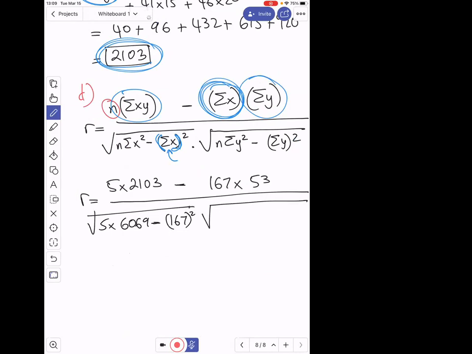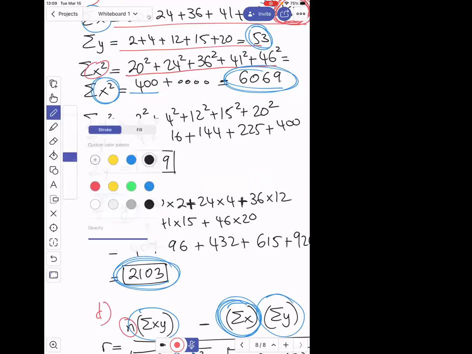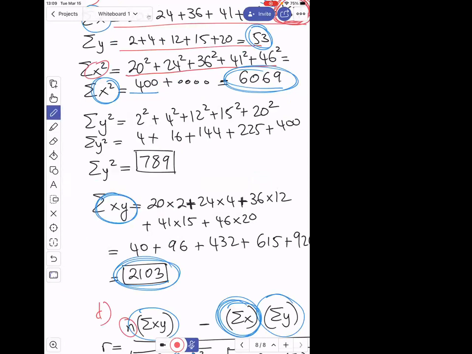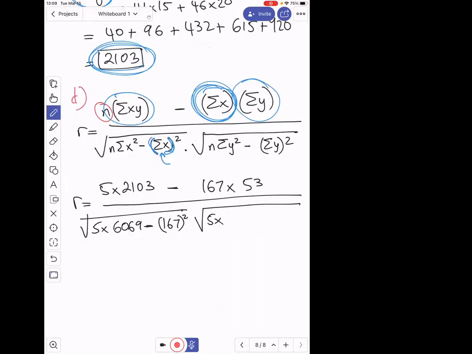Times, and now the same thing with the y's. It's 5 times the sum of the y squared, the squares of the values of y. That's 789. So it's 789 right here minus, and you see this parenthesis again.